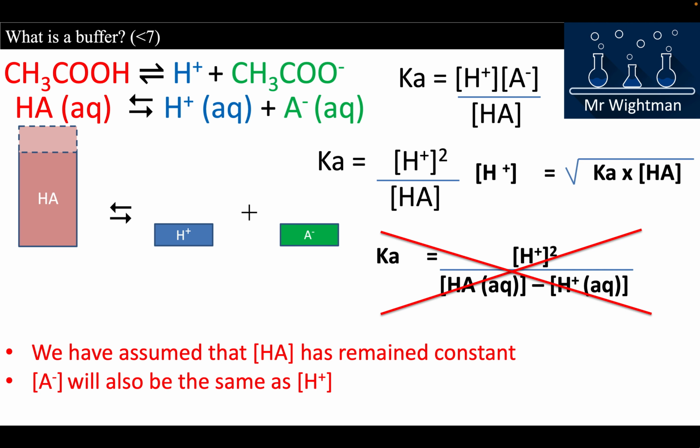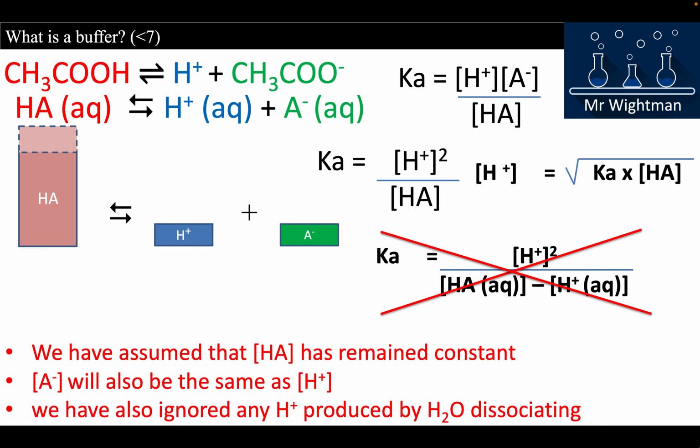A- will also be the same as H+, when in reality the H+ would have been slightly different because we have ignored the dissociation of water that would have produced H+ and OH- as well. So we're assuming that the H+ has only come from HA, and even though HA has decreased by a small amount, we're assuming it is the same value. These are some assumptions that we make with weak acid dissociation in general.